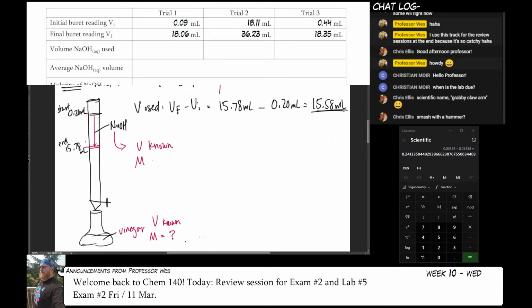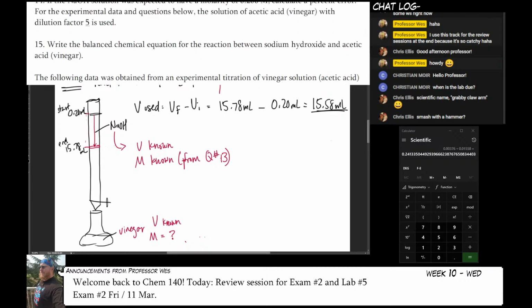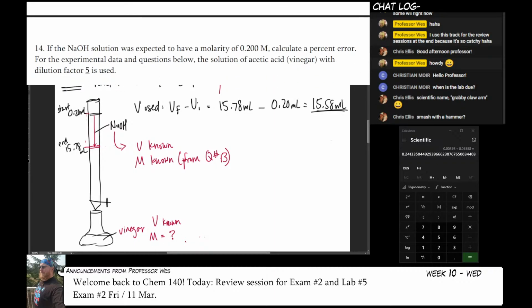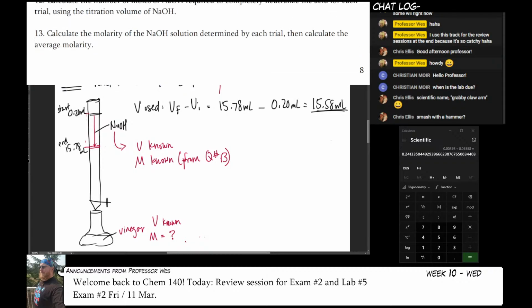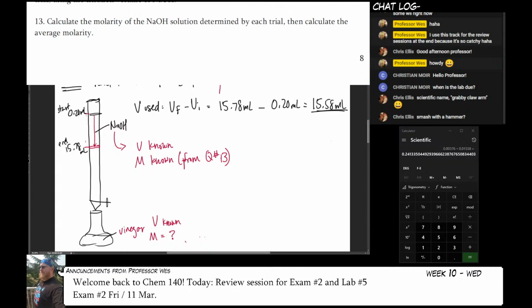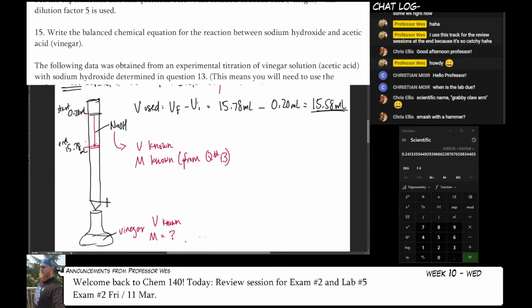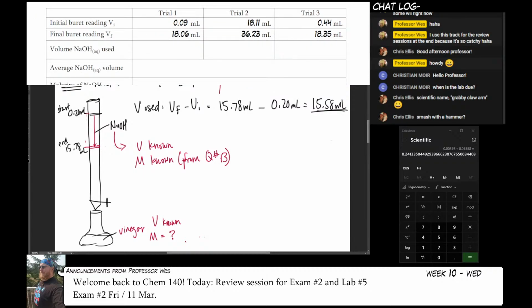And you know the molarity of it because you calculated it in the previous question. So question 13 asks you, there you go, calculate the molarity of the sodium hydroxide. So when you finish working in this data table, your end result is the result that you get from question 13. You're going to use that here in this titration so that it's known.